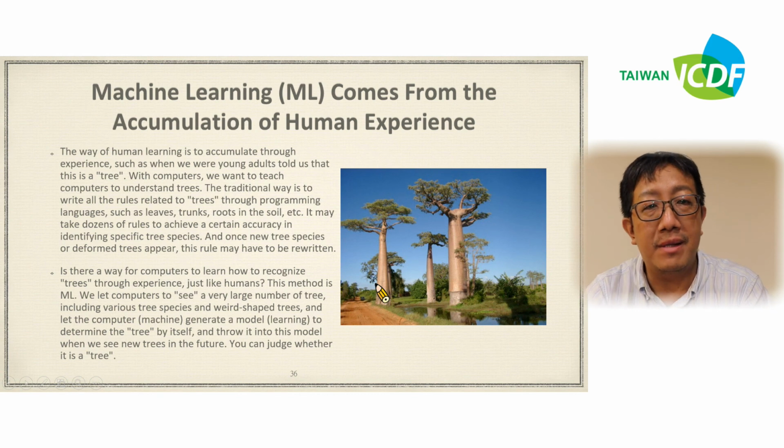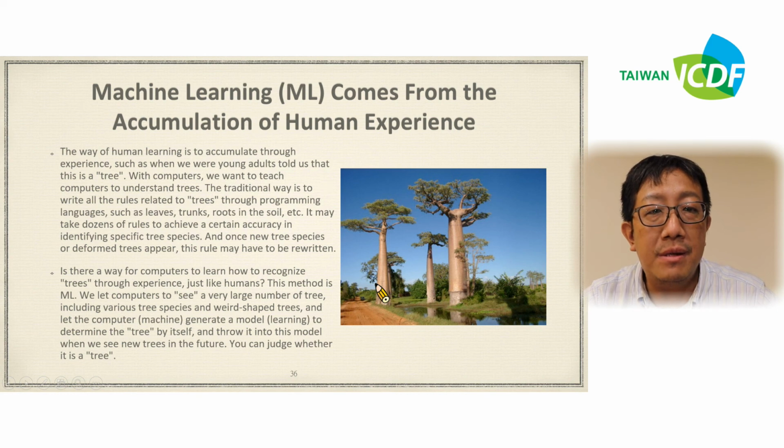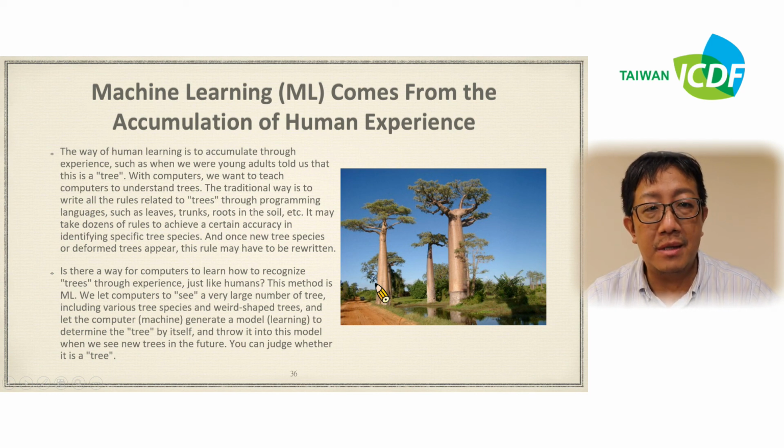Machine learning comes from the accumulation of human experience. The way of human learning is to accumulate through experiences, such as when we were young, adults told us, this is a tree. For computers, we want to teach them to understand trees, so we have to write all the rules related to trees through programming languages, such as the leaves, the trunks, the roots in the soil, and so on.